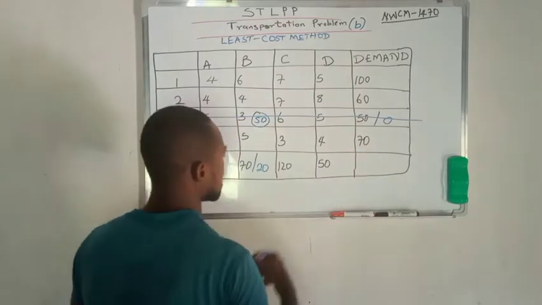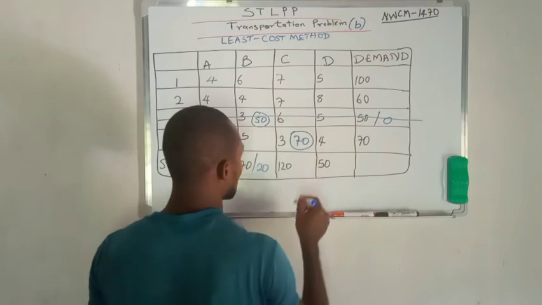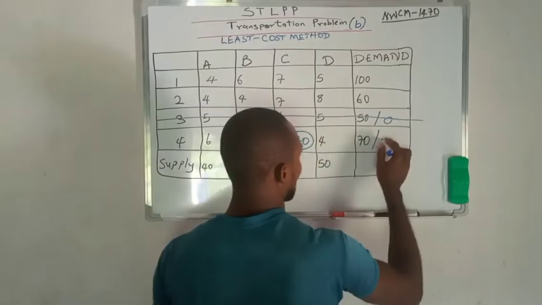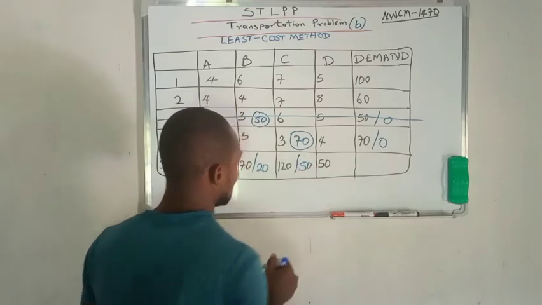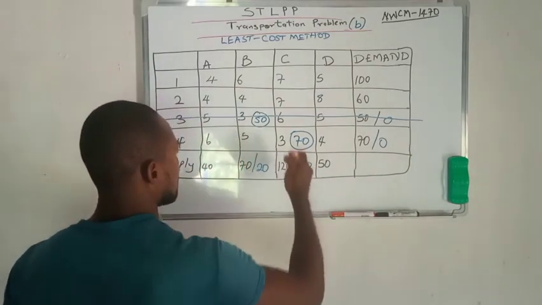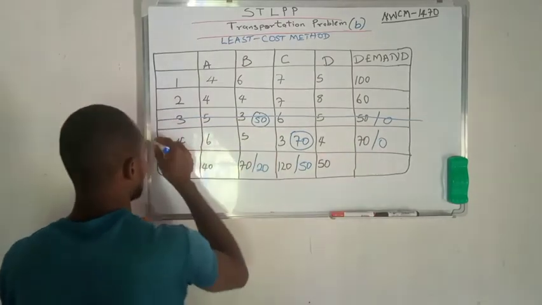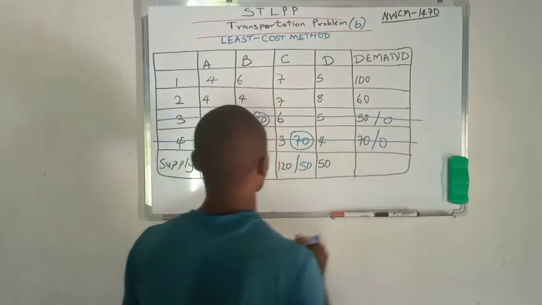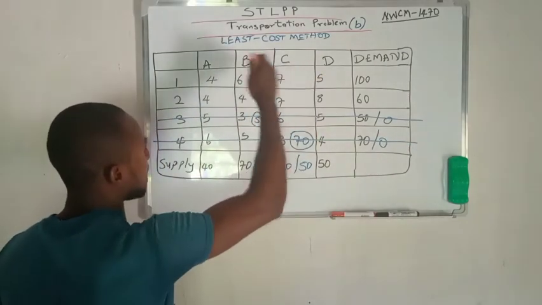Supply 70. So we supply 70 here, and then we have 0 remaining here. We'll have 50 left in this place. So we have already exhausted everything here. So we remove this row, and then we check for the remaining costs in our list.